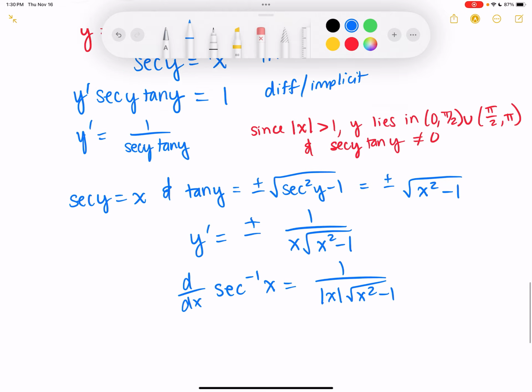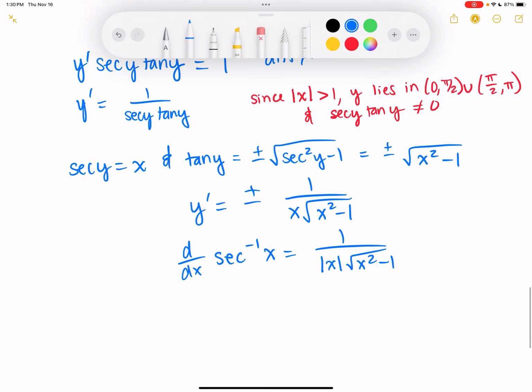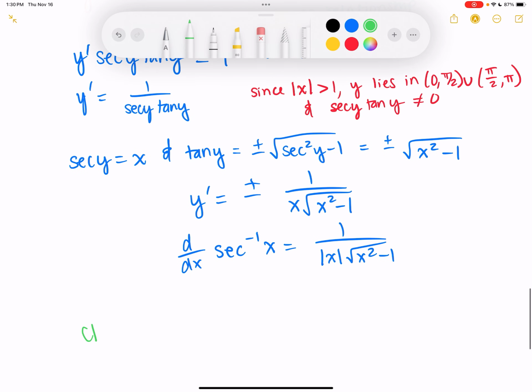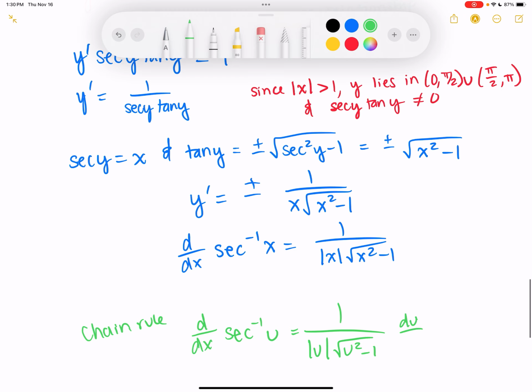So then the chain rule for this would be d dx of the inverse secant of u is equal to 1 over the absolute value of u times the square root of u squared minus 1 times du dx, given that the absolute value of u is greater than 1.